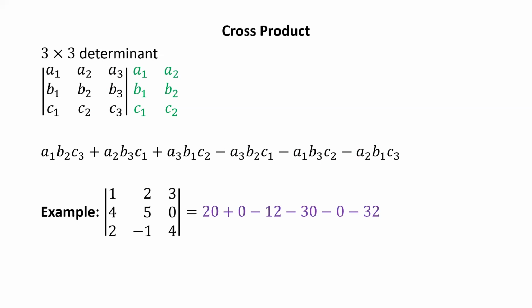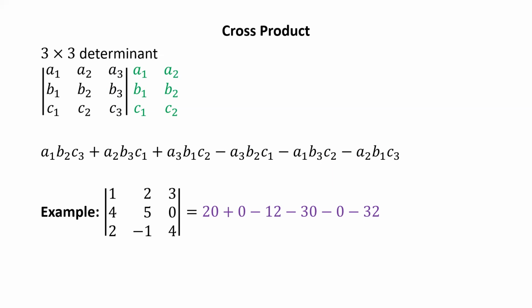So we have 1 times 5 times 4 is 20. And then 2 times 0 times 2 is 0. Notice how I wrapped around as I went down that diagonal. 2, 0. And then instead of having drawn the column, I just wrapped around to the lower left-hand side. I'll do the same thing here. 3 times 4 times -1 is -12.